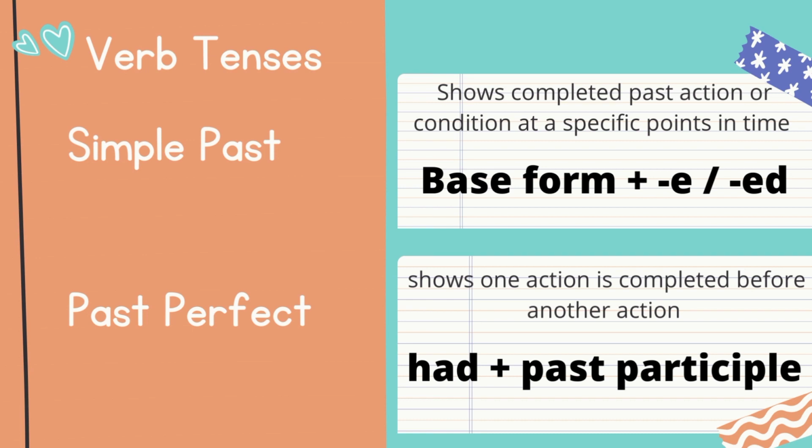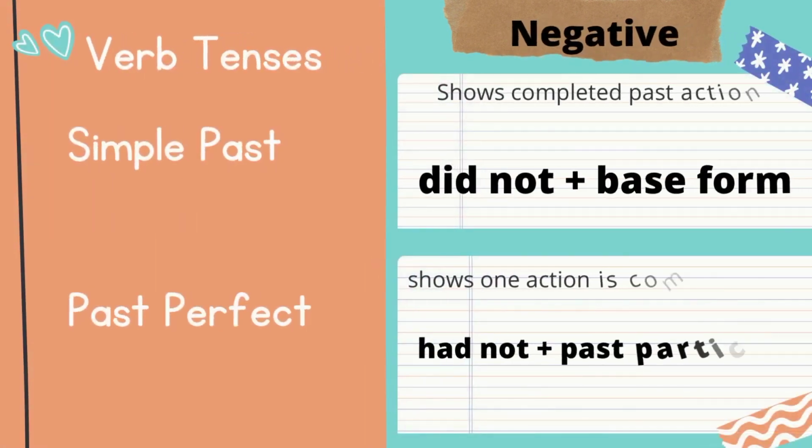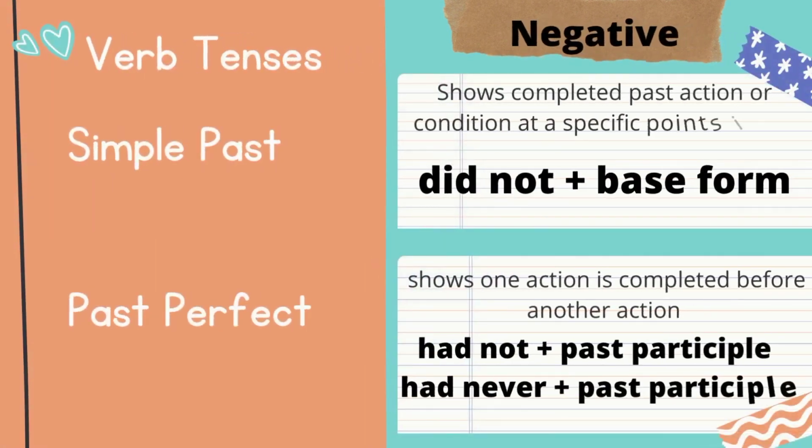Simple past is the simple past form of the verb, plus d or ed, and for past perfect it's had plus past participle. For negative sentences, the formula for simple past is did not plus the base form of the verb, while for past perfect it is had not or had never plus the past participle.